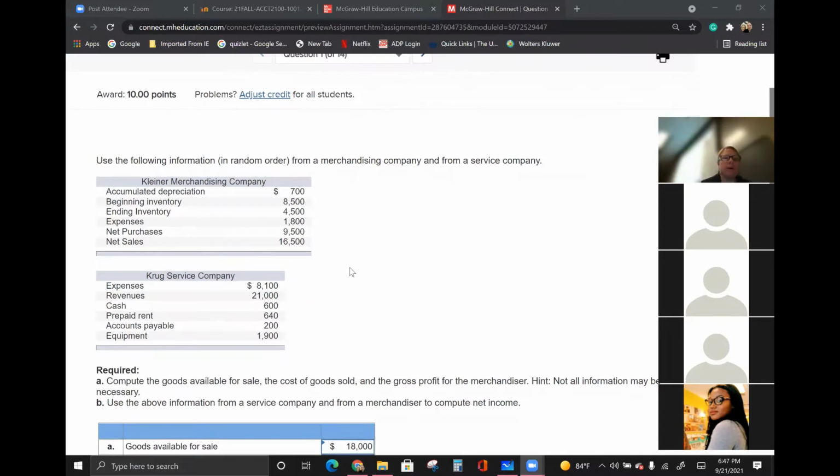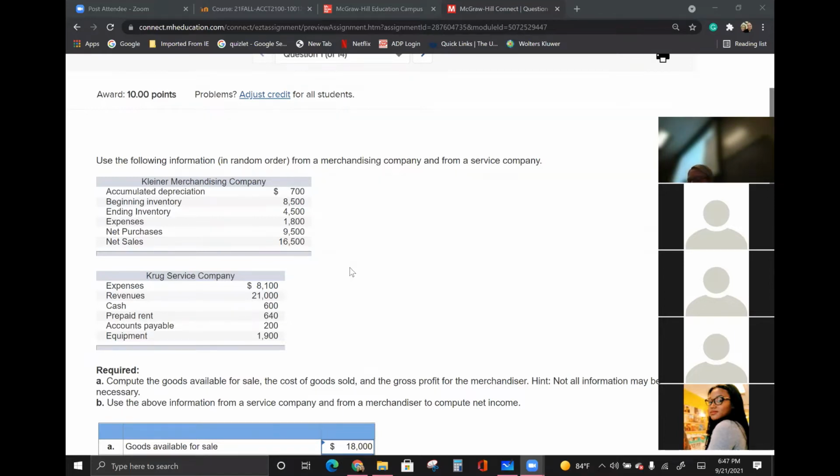Okay, so it says to compute the goods available for sale. So remember we just talked about how to calculate that. So it's telling me under the merchandising company that I have beginning inventory of 8,500.